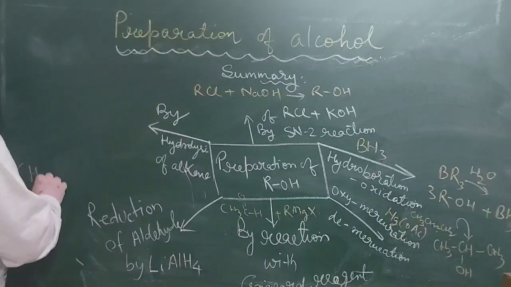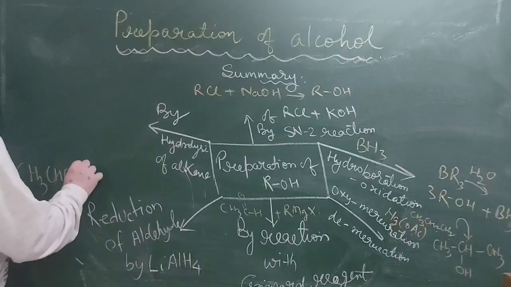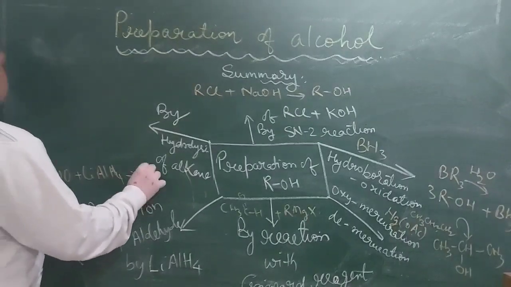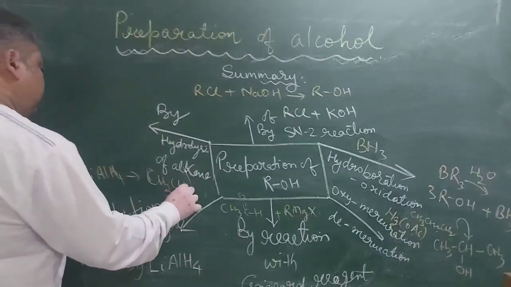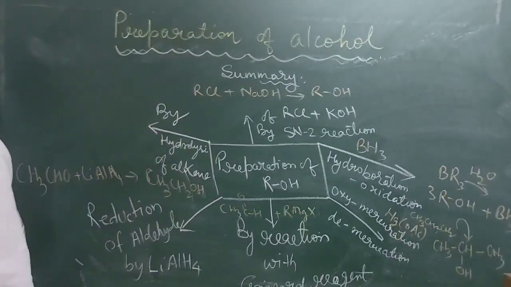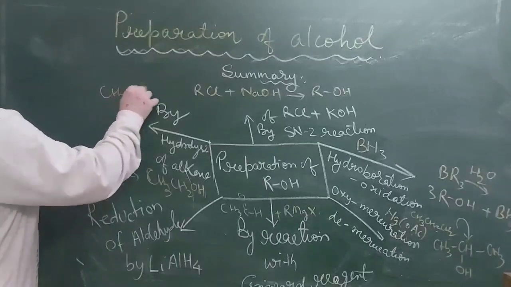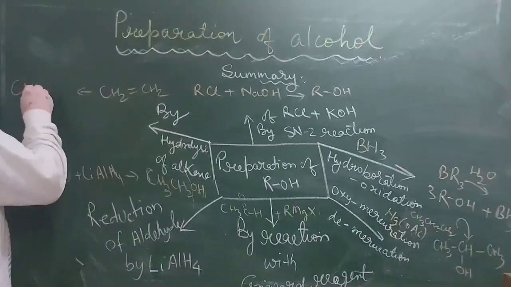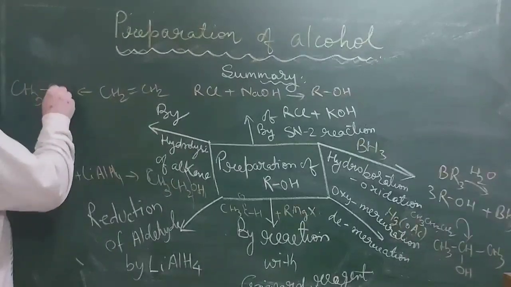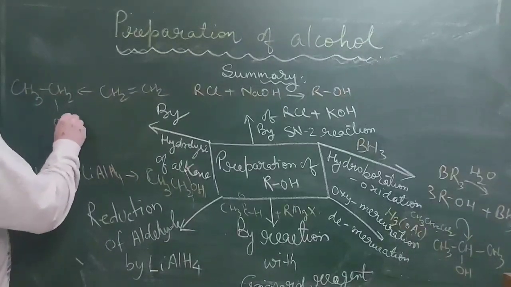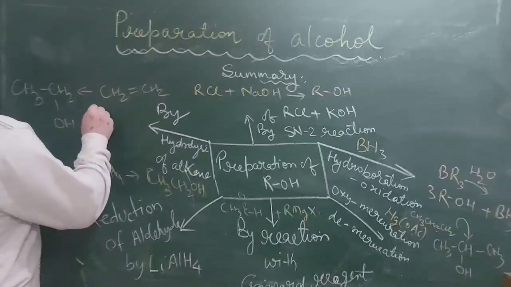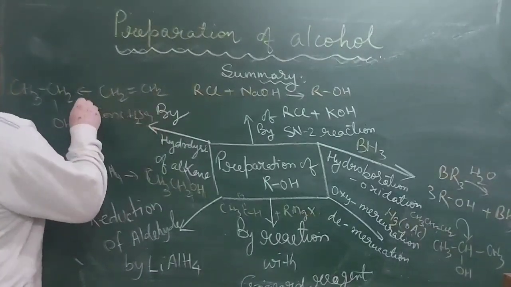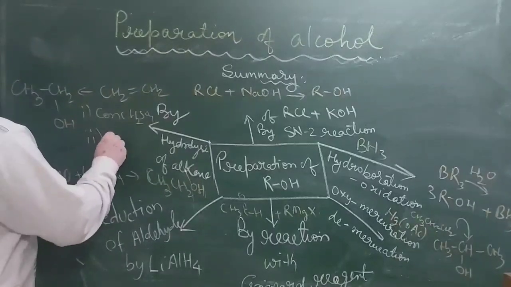We saw that CH3CHO plus lithium aluminum hydride formed alcohol CH3CH2OH. With this what did we see? Any alkene forms CH3CH2OH when concentrated H2SO4 is given, and then after that water is given.